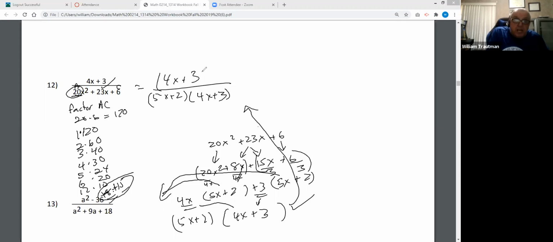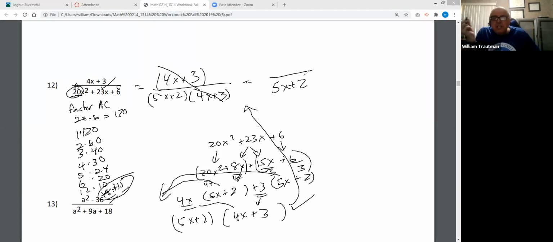Do you see? We have a 4x plus 3 on top and on the bottom, so they cancel. We factored everything on top now. The 4x plus 3 is canceled. Can somebody tell me what I need to put on top? Is it blank?